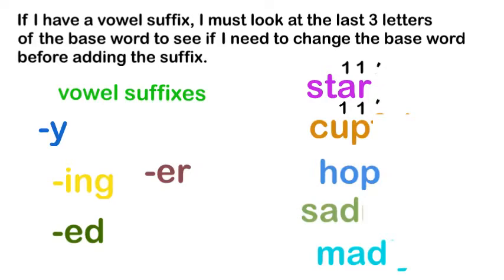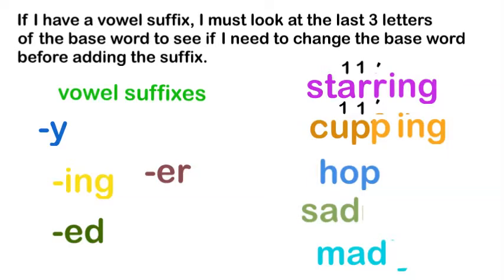Okay? So if I have a 1-1-1, I have to double the last letter of my base word before I add the vowel suffix. So I have to do starring. That becomes starring. Now I have cup, and I have one vowel, one consonant, and one accent. So I have to double that P before I can add the vowel suffix ing.